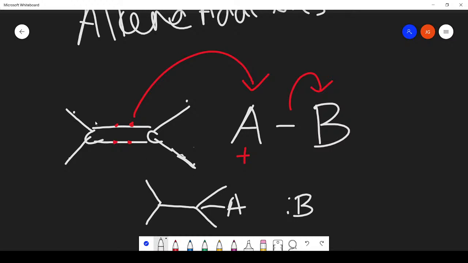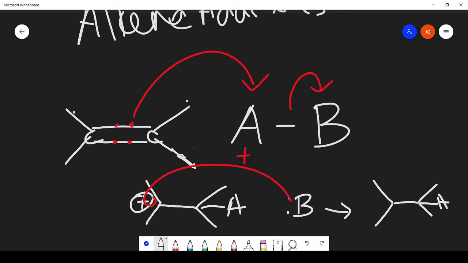And because this bond broke and these two electrons were used to form this bond between this carbon and this A, you're going to have a positive charge here, because now this side is electron deficient. And we have a nucleophile here now, B, positive charge A, that's an electrophile. It's going to attack here. And there you go. You're going to end up with this alkane with two groups.